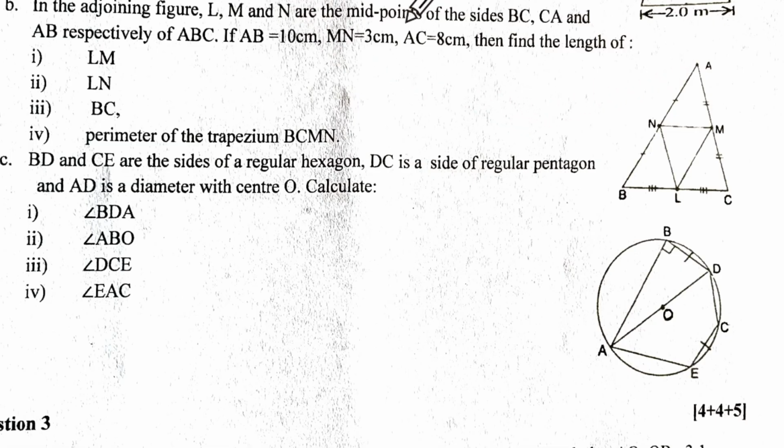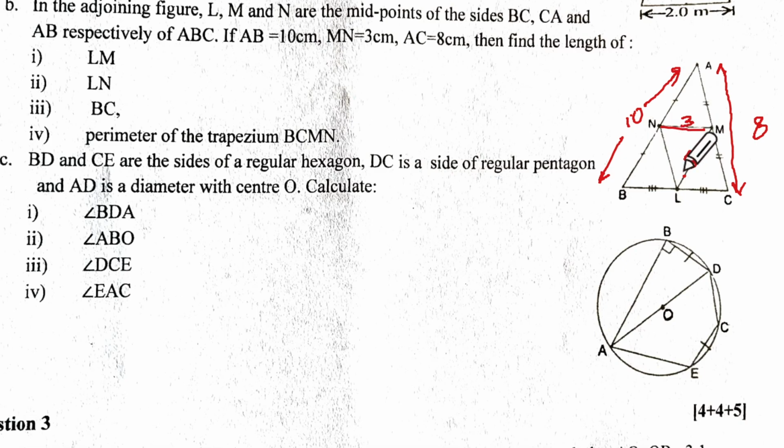Now L, M, N are midpoints of this, and they are giving you AB is 10, so this is 10 this way. MN is given here, this is 3. AC is from here to here, given as 8 centimeter. Find the length of LM. Now LM is this. This is going to be half of this, which means 5.